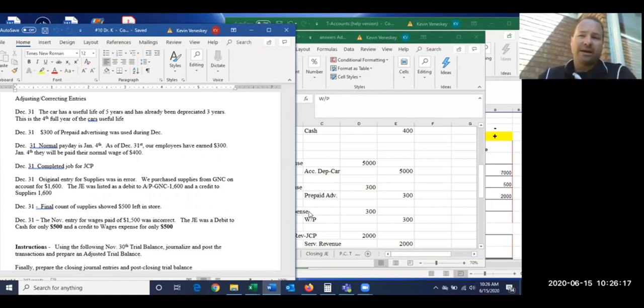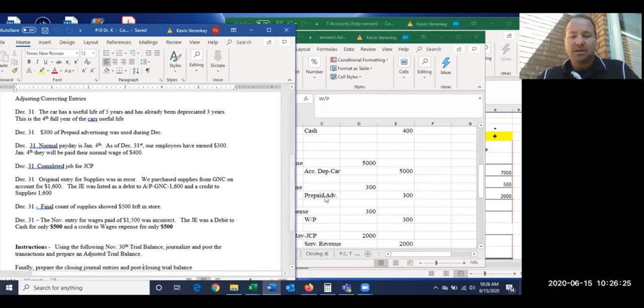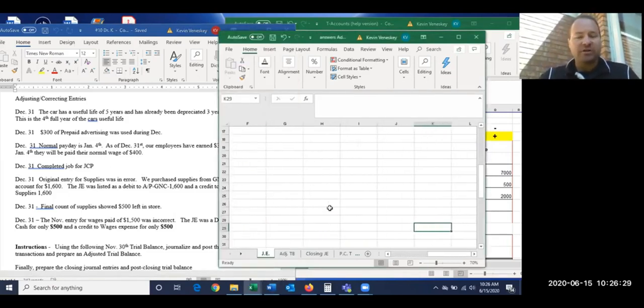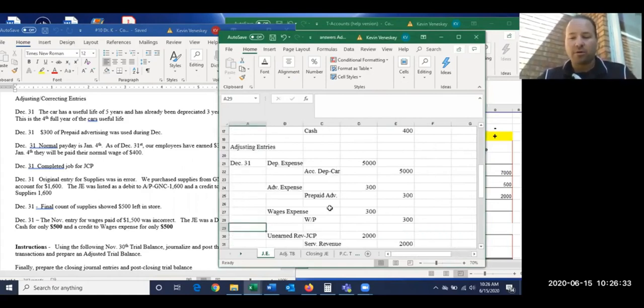Now, to undo that bad first entry, we actually need to see what the wrong entry was. So that's one of the things I'm going to do, and I'm going to do it way out here to the side so we know that this isn't part of our actual work.